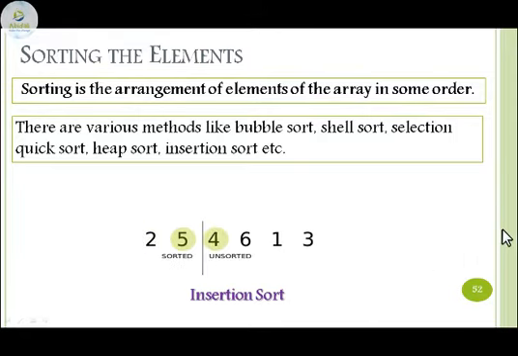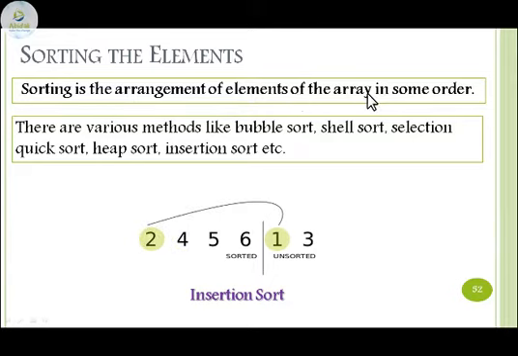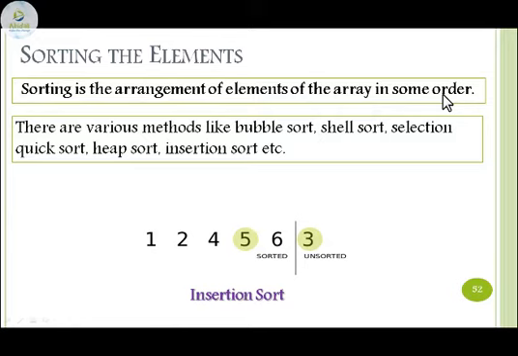In this video lecture, we will be exploring the next concept, that is sorting the elements of the array. Sorting basically refers to the arrangement of the elements in the array in some order, that is either in ascending order or descending order.